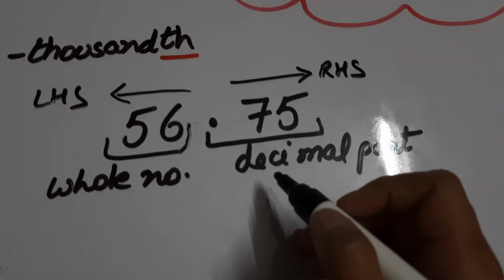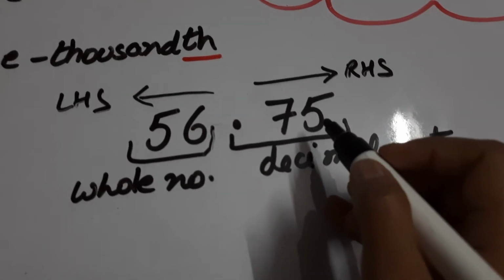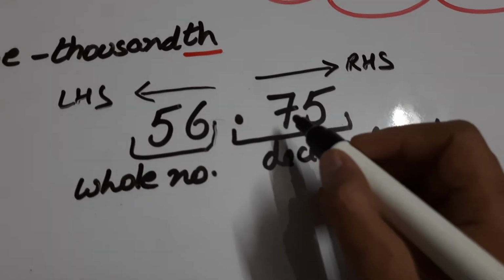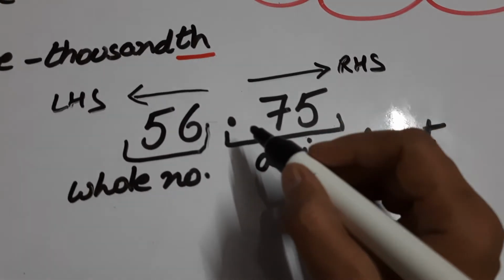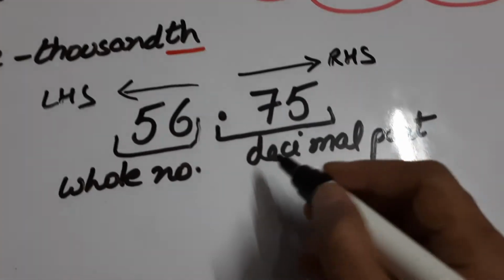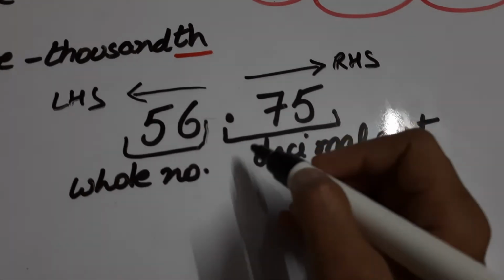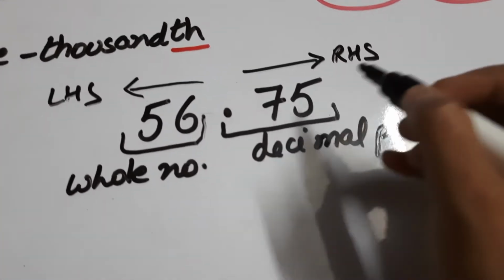This complete portion, including the decimal, is known as the decimal part. But when we read the right hand side part, we'll read it as point seven five. You will read it as 56 point 75; reading the right side as 'point seventy-five' will be the wrong pronunciation.